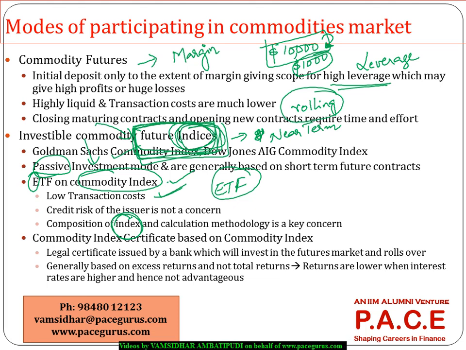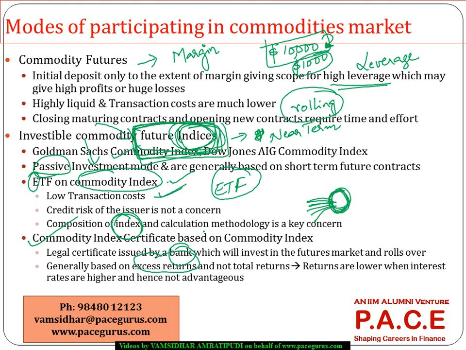Whereas the other form of investing in commodity future indexes is through a commodity index certificate, which is issued by the banks who will collect the fund from the investors and invest it in the futures market. And whatever the returns that are being generated on this, they are based on the excess returns, right?